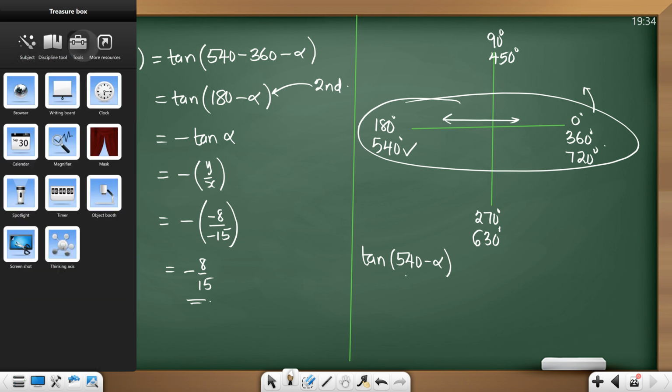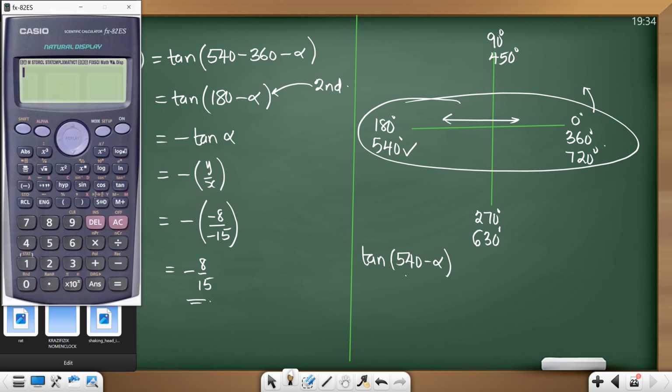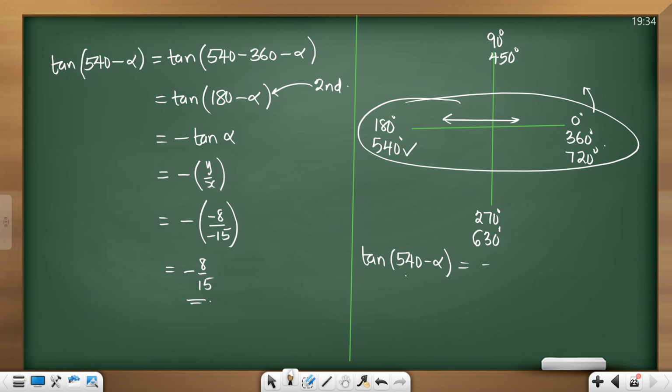It works all the time. Tan 540, just put a 1 there. You want to check if it's going to be a positive or a negative. Boom, it's a negative. Voila. Do I need to change my trig ratio? I am shaking my head because 540 is right there. Negative tan alpha. Look, I am already there.